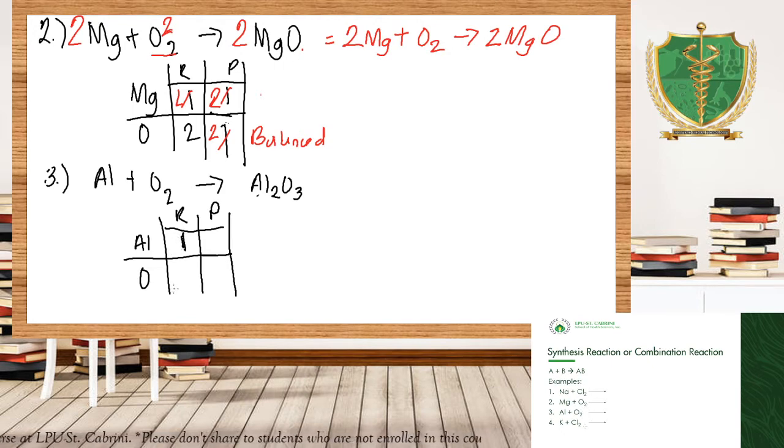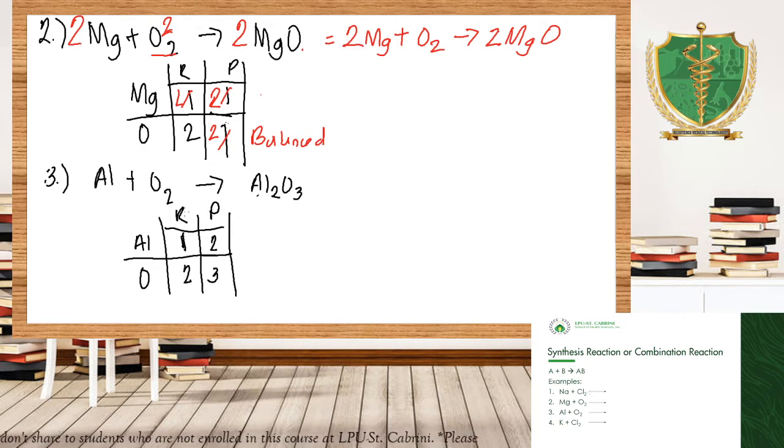How many oxygen do we have in the reactant? 2. How many aluminum do we have in the product? 2. How many oxygen do we have in the product? 3. In this case, both elements are not balanced.